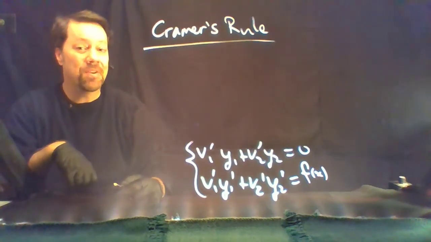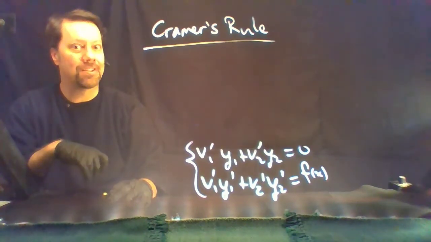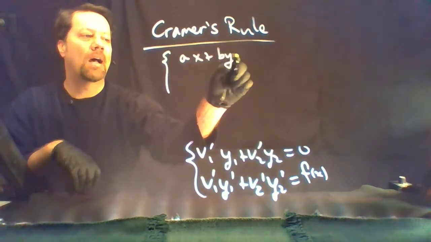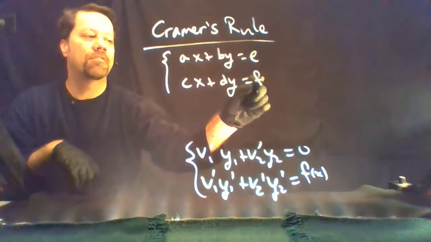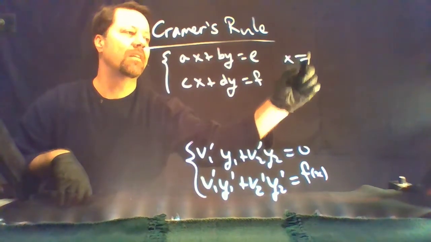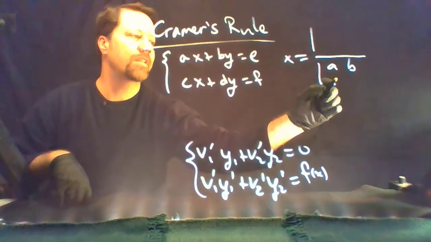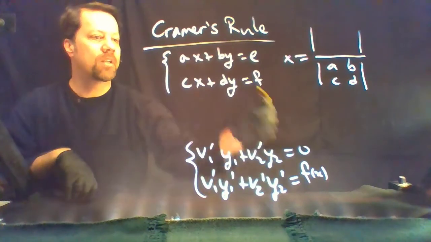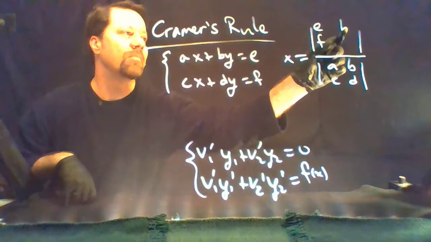Now, if you don't remember Cramer's Rule, and my students normally need a refresher, here's how it works. If you have ax plus by equals e, cx plus dy equals f, Cramer's Rule says that the solution is x equals, the denominator is the determinant of the coefficient matrix, and the numerator is the same determinant but with the x coefficients replaced by the right-hand sides.